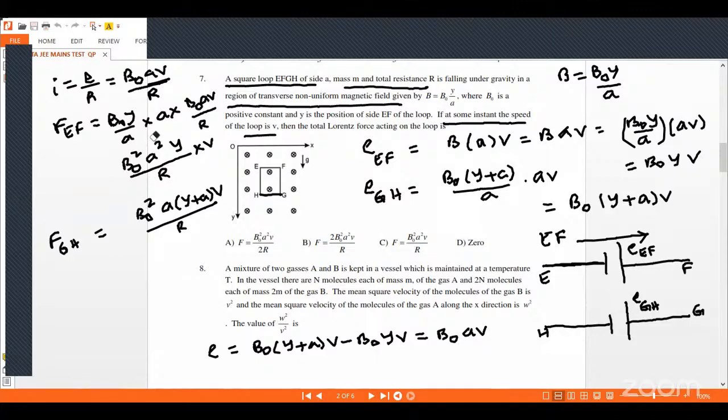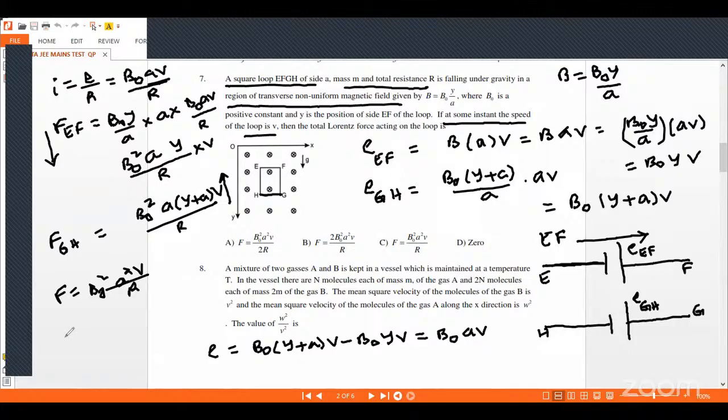So we'll have B naught square AY by R. And force along GH will be in the upward direction. By applying the right hand thumb rule, I can say it is upward direction and EF will be in the downward direction.